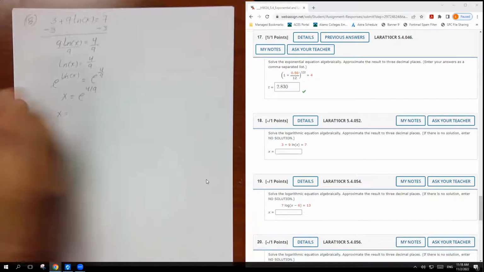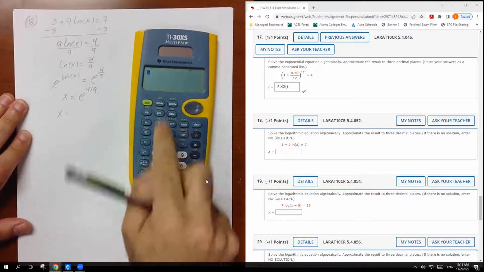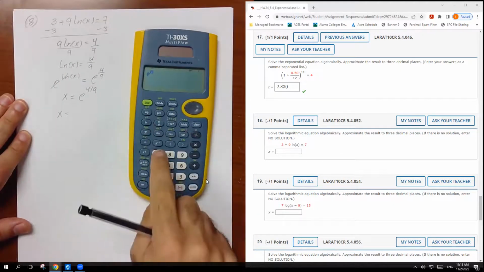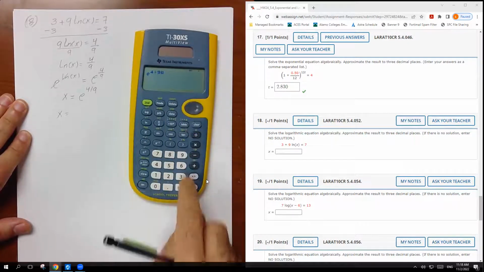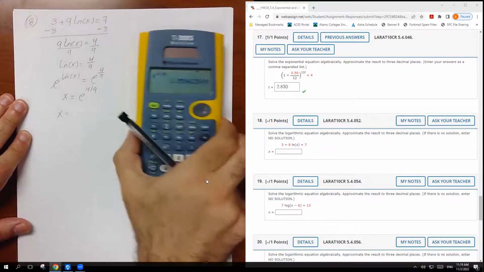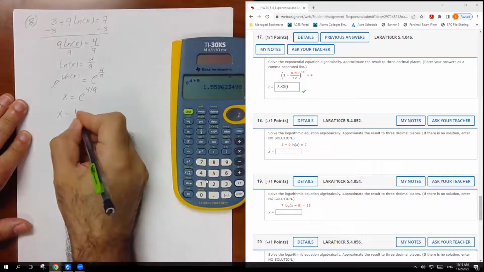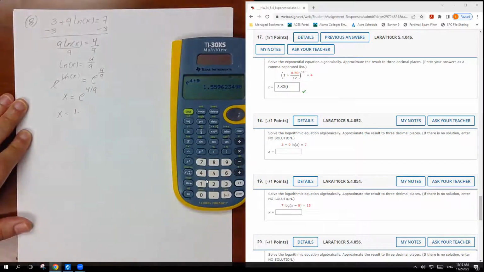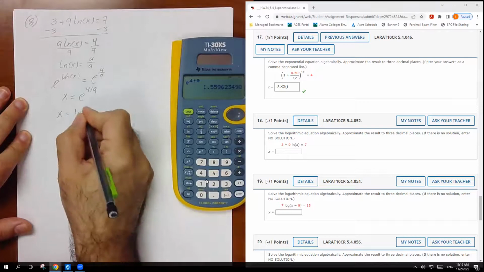That means x is going to be equal the second function for the ln, and 4 divided by 9 is going to be 1.5596. So it's going to be 1 point, count to 3 decimal places. Yes. So it's going to be 1.560.